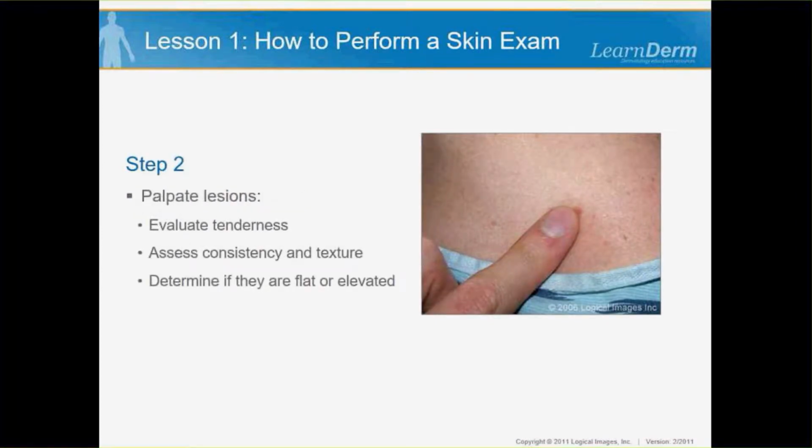The other thing that's critical to the dermatologic exam is to feel the lesion. In addition to tenderness, you can feel the thickness and often have a sense: is the lesion superficial, suggesting that it might be an epidermal problem, something high up in the skin, or does the lesion, when you palpate it, feel thick or deep and have more of a dermal or subcutaneous feel to it?